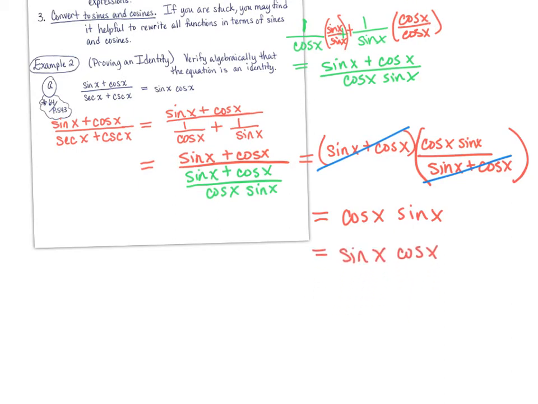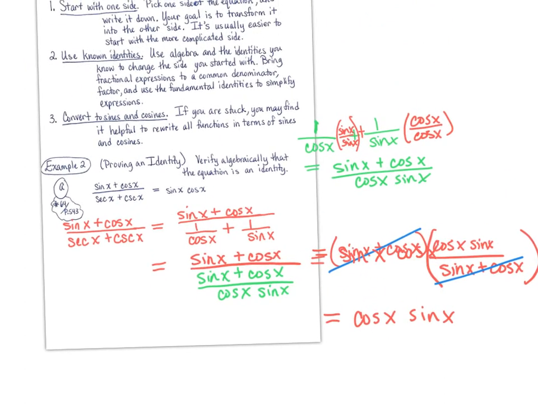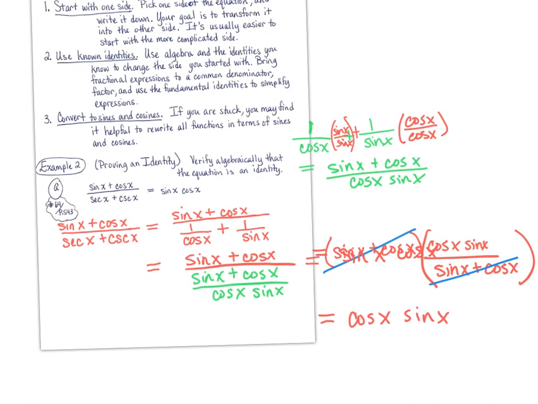Example, what are our guidelines? Let's look at it. Our guideline says bring fractional expressions to a common denominator, factor, and use the fundamental identities. We use the fundamental identities, but let's see if we can factor it.